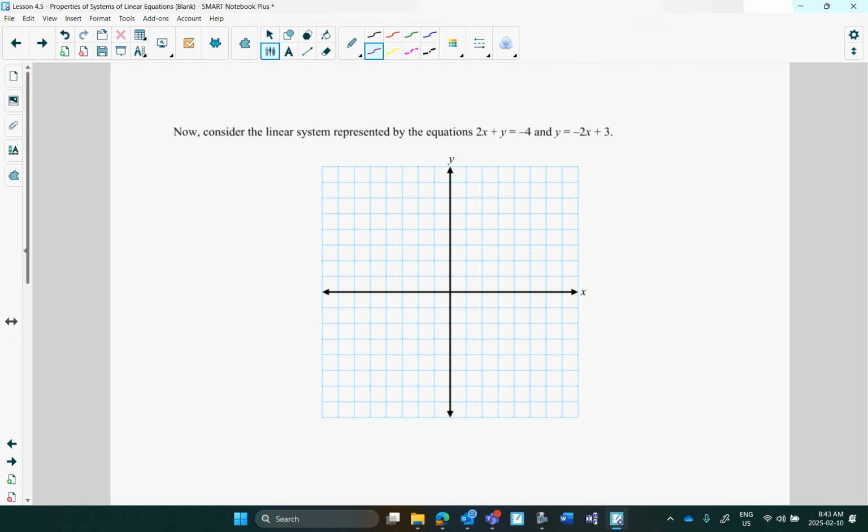Here, we have the same equation as the first one on the last page, but we have a different one here. So remember, we solved this one. For y, we thought of the y-intercept, we went down 2 to the right 1. So that's the same as the first one on the previous page.